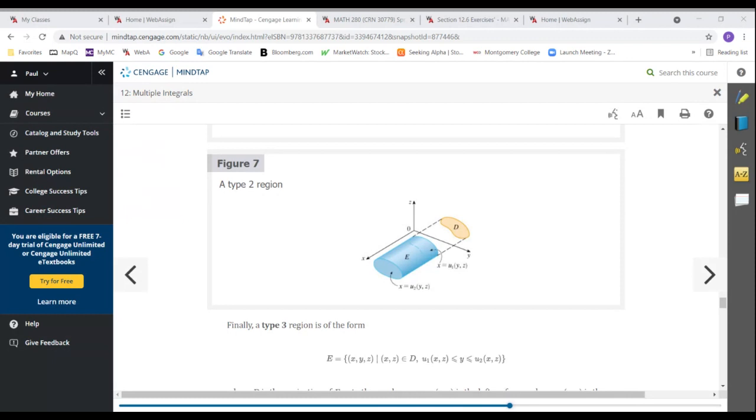well, let me ask you, for the triple integral for this type 2 region, what do we integrate with respect to first? dx, dy, or dz?